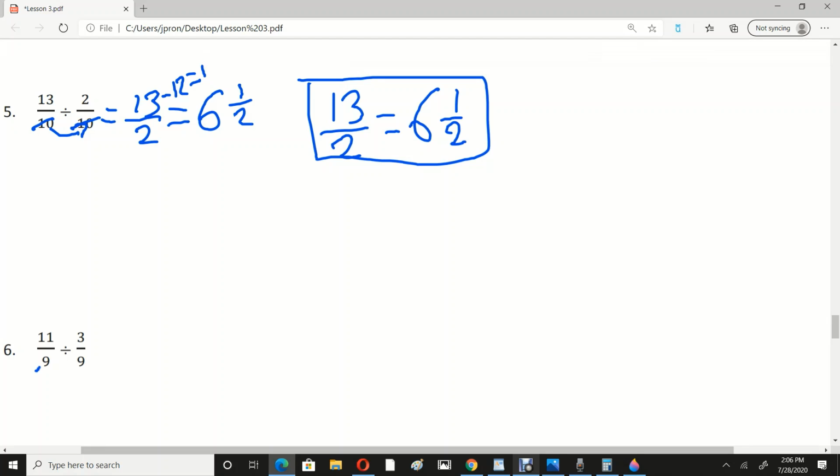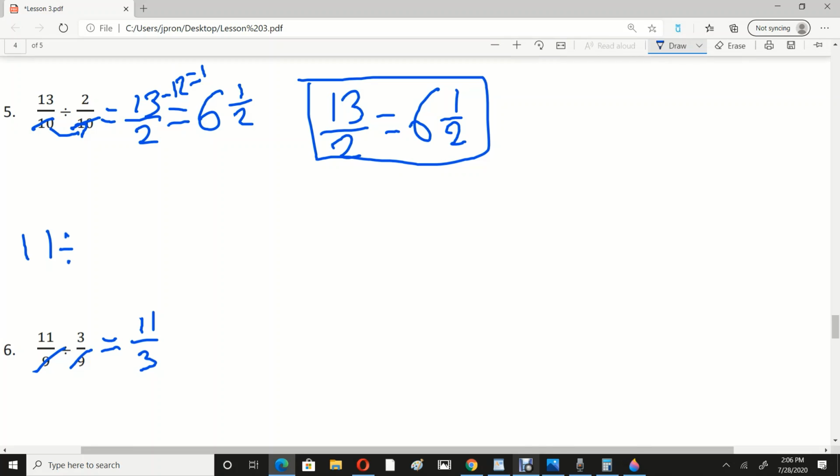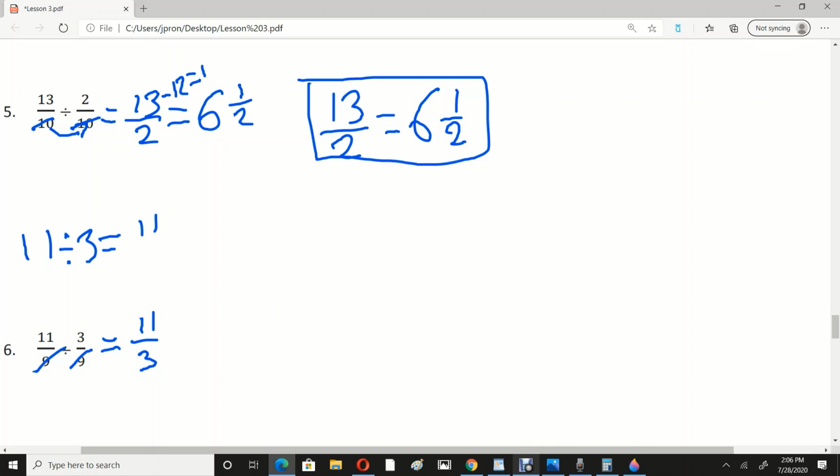All right, number 6. One more time. Common denominators, we can ignore them and just divide our numerators. 11 divided by 3 is just 11/3. And that's a fact. 11 divided by 3 equals 11/3. That's a fine answer.